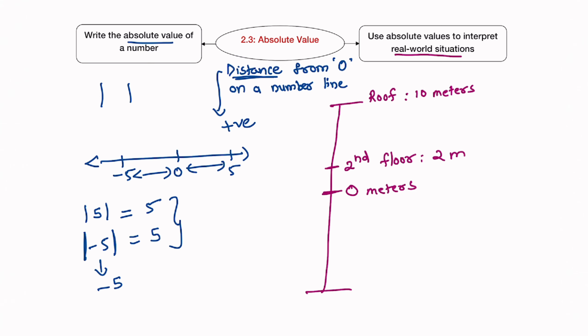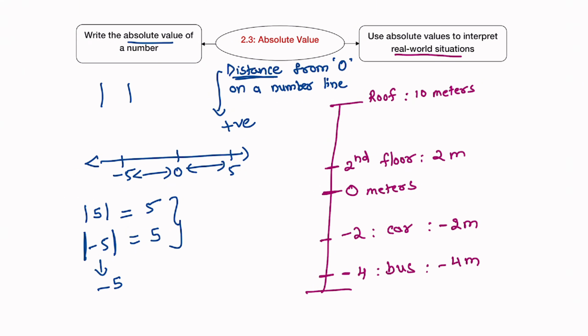We have here minus 2, where your car is parked, and it's at minus 2 meters. Let's say there's another parking level here at minus 4 and there's a bus parked over there, and it's at minus 4 meters. Okay, so now how do we use absolute value?